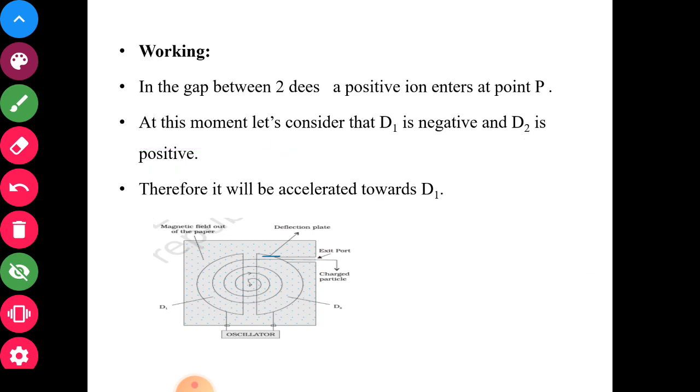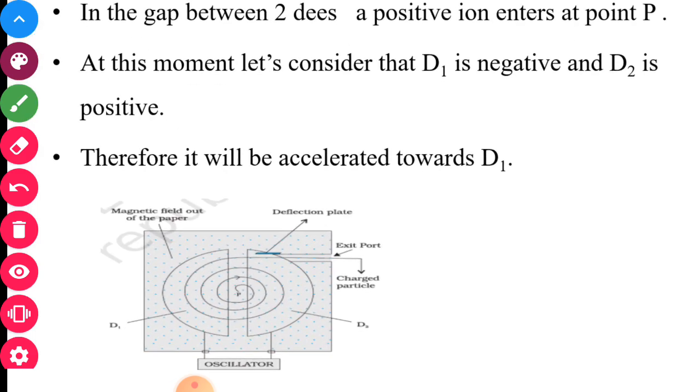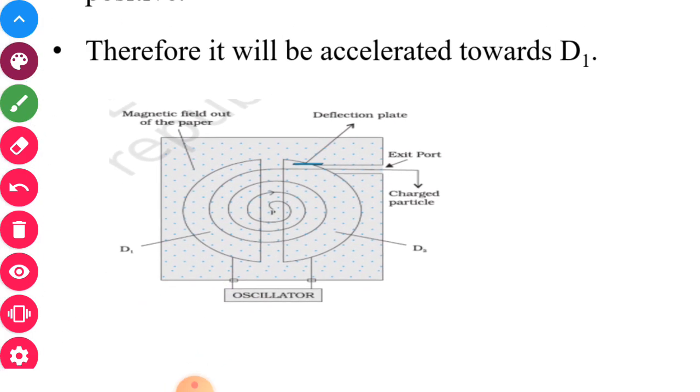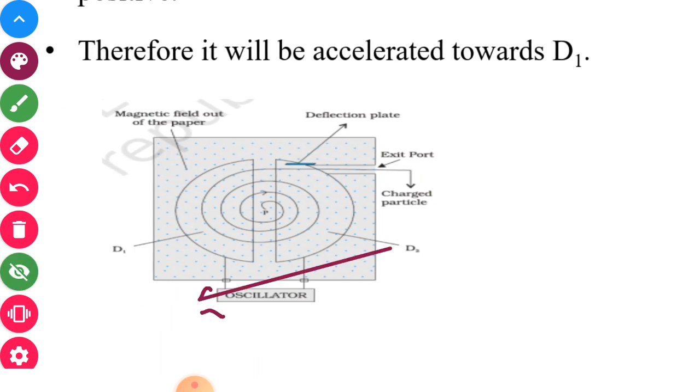Now you can understand that D1 is negative and we have taken a positively charged particle. So this positively charged particle which is introduced here at point P will be accelerated towards D1. So it will go towards D1.